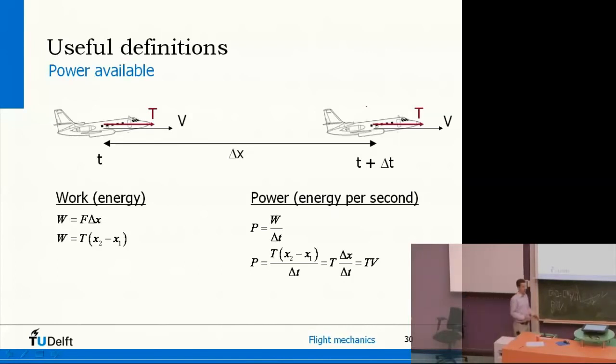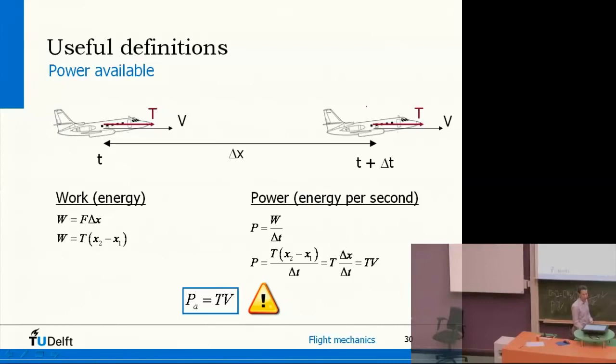If you make the delta small enough, you'll get the change of distance with time, which is airspeed. So, this power is what we call power available, because it allows us to go from A to B, the power you have for transportation. So this is the most interesting thing. So power available is thrust times velocity.